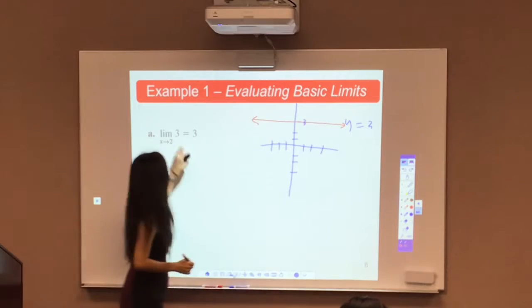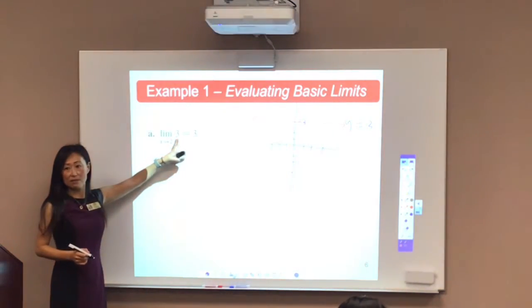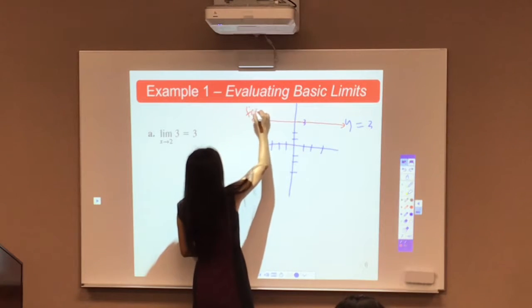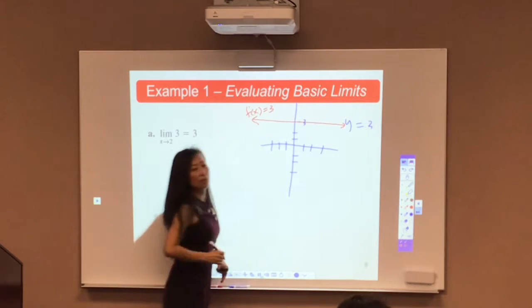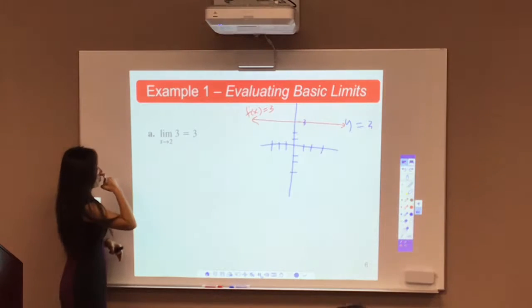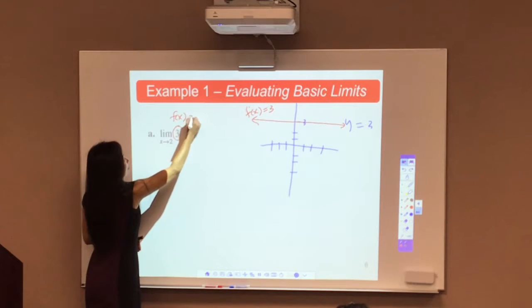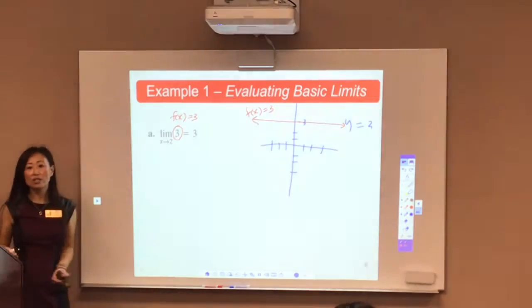That's my graph. This is what the graph looks like. Is everybody with me? Or I can say f of x equals 3. That's what that means. Y equals 3. This 3 right now really means f of x equals 3. So it doesn't matter what x you give it, it's always 3.